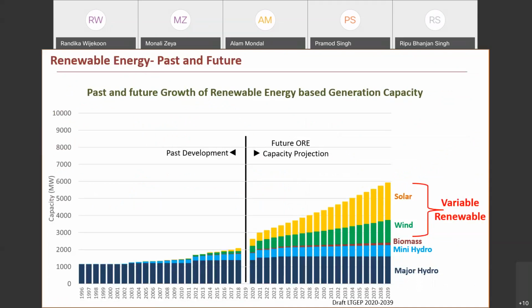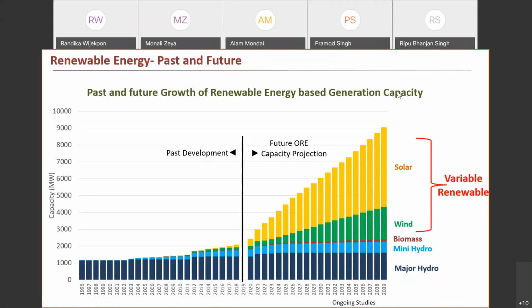But right now, the policies and the plans that are underway are much more ambitious. In the next slide, we can see there is much more growth and ambition in developing renewable energy resources, and basically wind and solar will drive the capacity growth in the next 10 years and within the next 20 years.